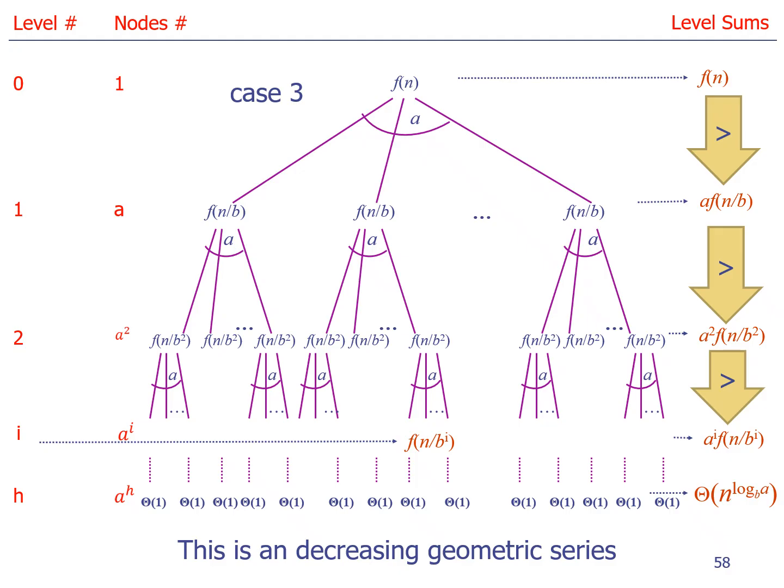What you're looking at is, again, a decreasing geometric series, where the amount of work you do going down the tree will decrease, but in a monotonic way. It's not in any kind of arbitrary or random way.